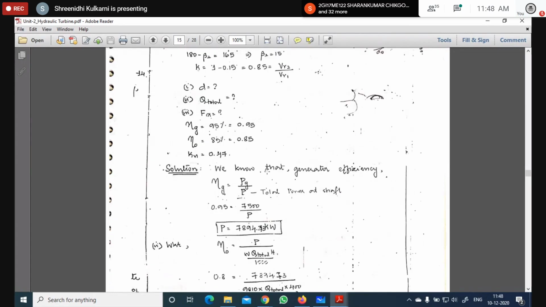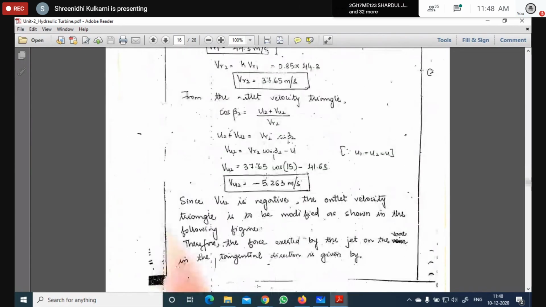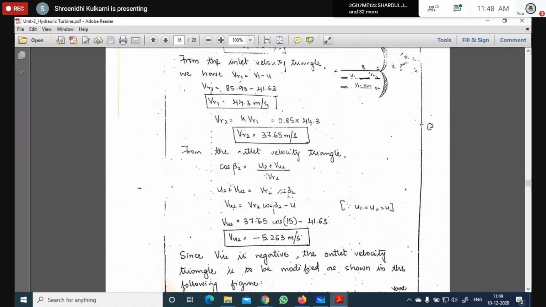From that condition, find out what is VR2. CB is equal to VR2 by VR1.